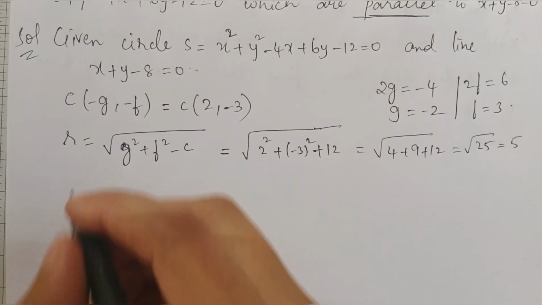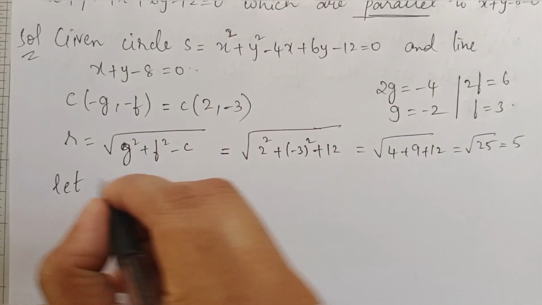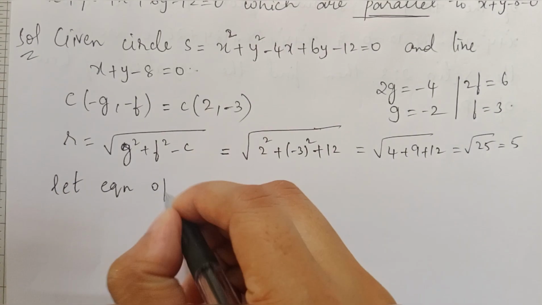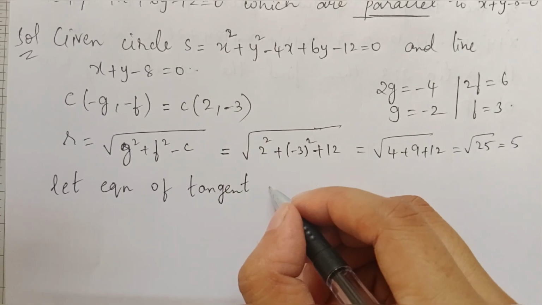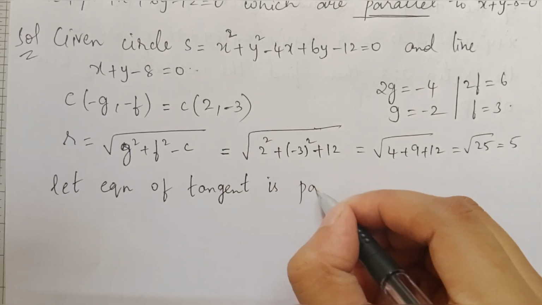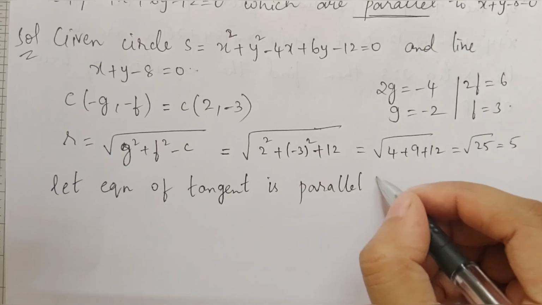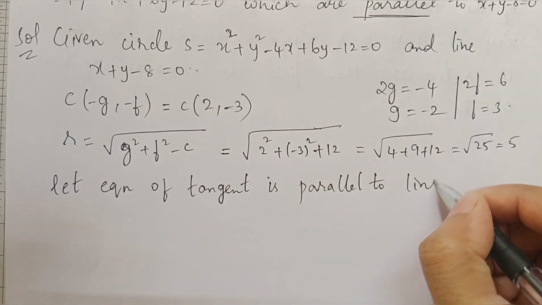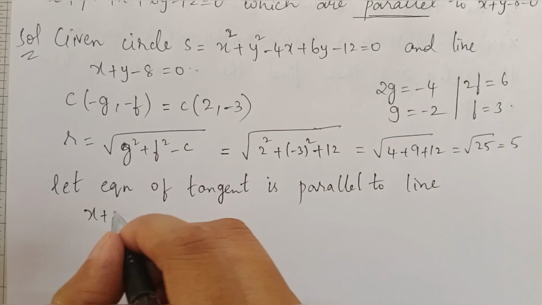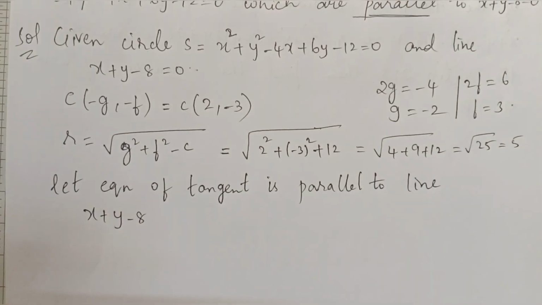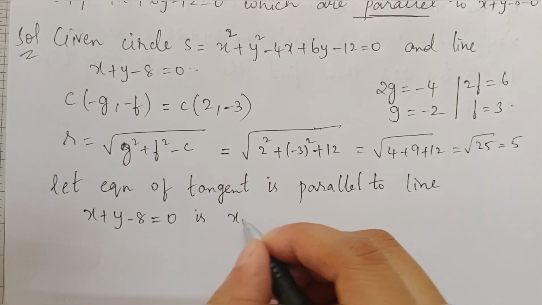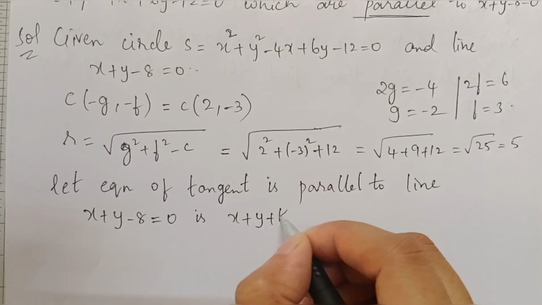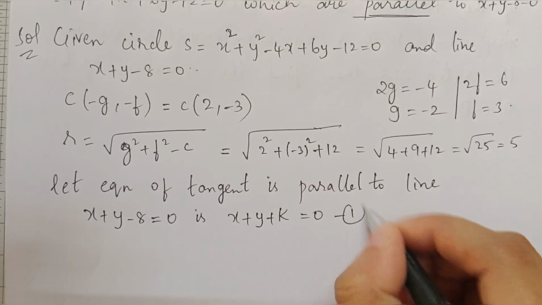That is nothing but root 25, which equals 5. Now let the equation of the tangent parallel to the line x plus y minus 8 equals 0 be x plus y plus k equals 0. Take it as equation 1.